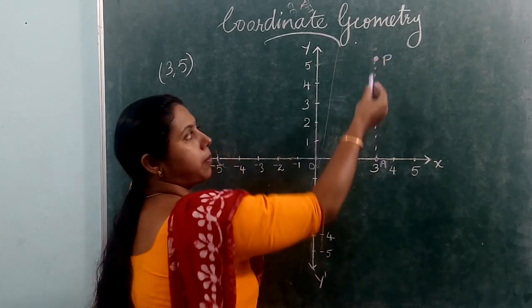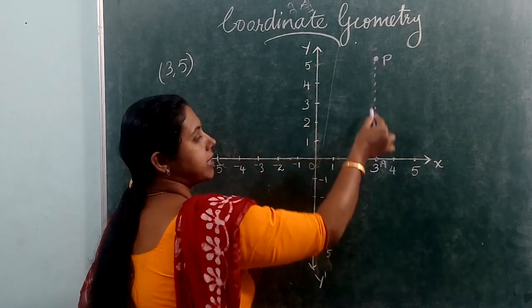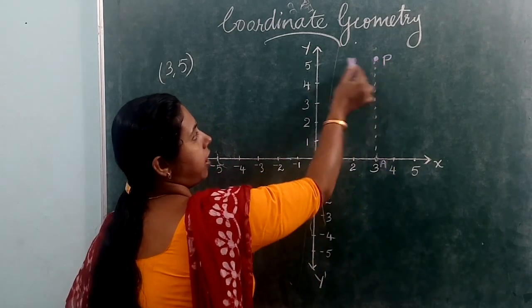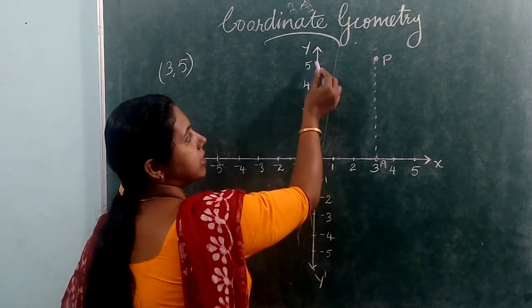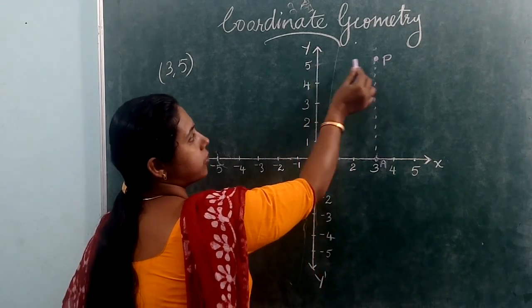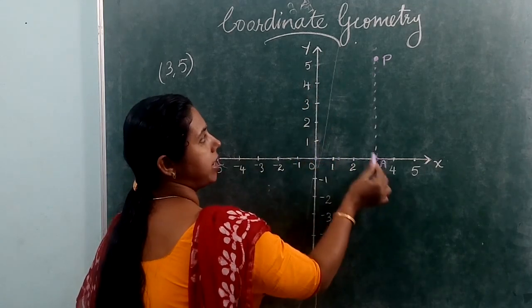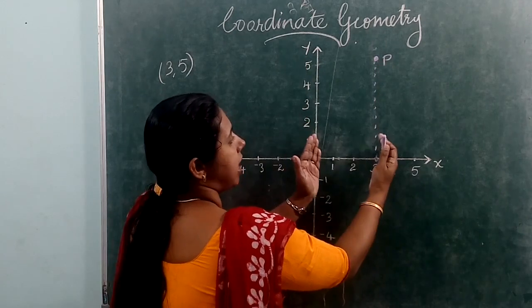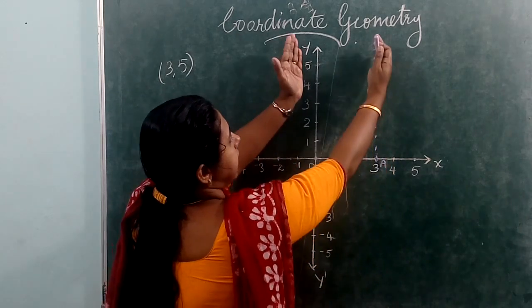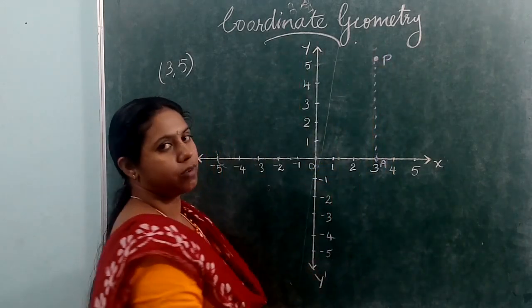Now look here. The point P is 5 units away from the x-axis, and the distance from the y-axis to the point is 3 units.